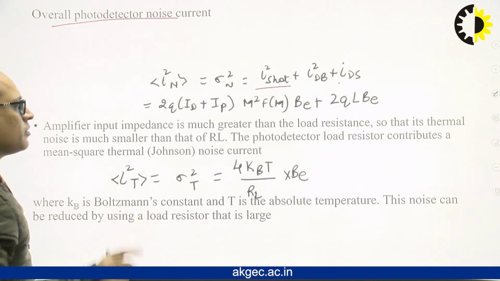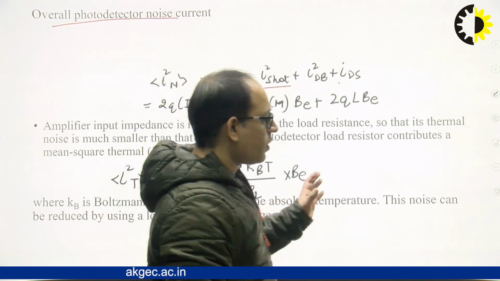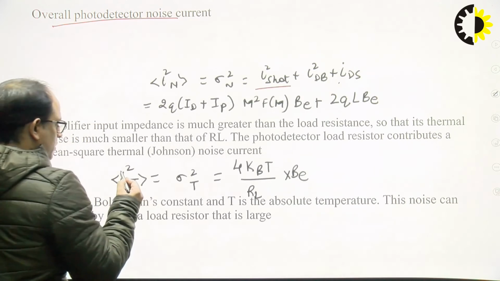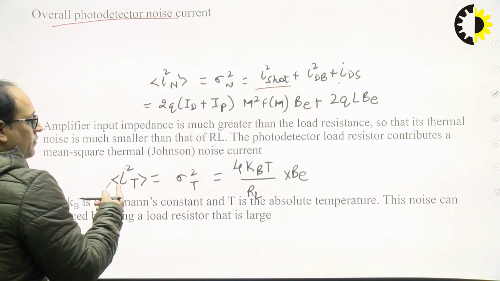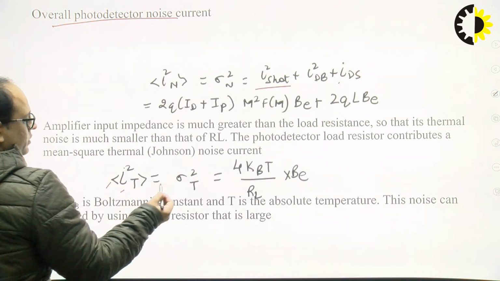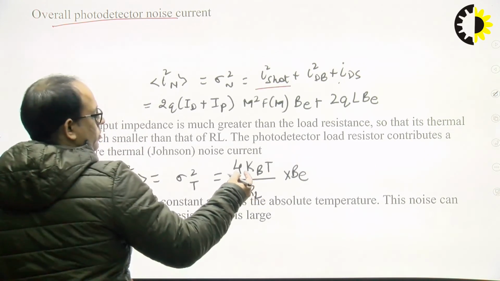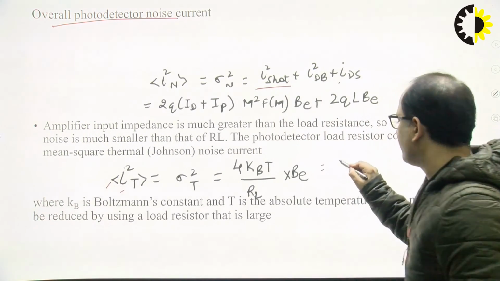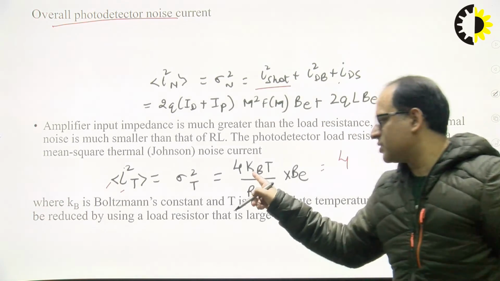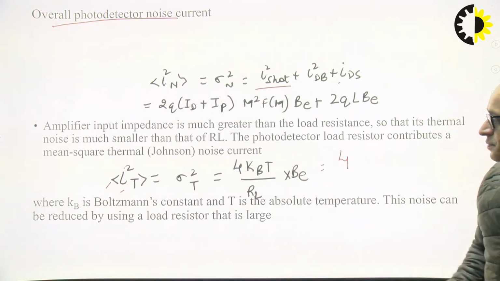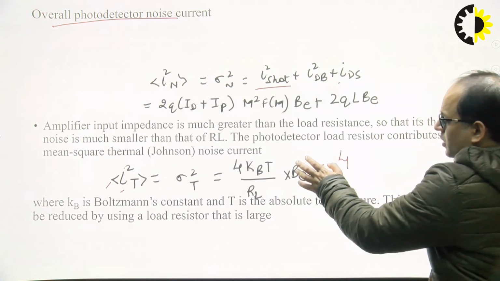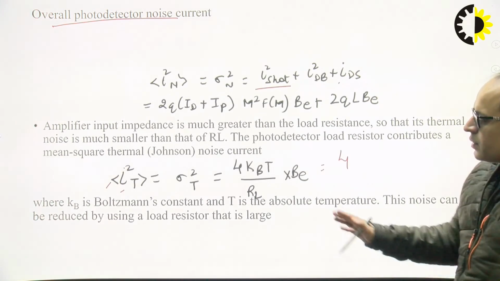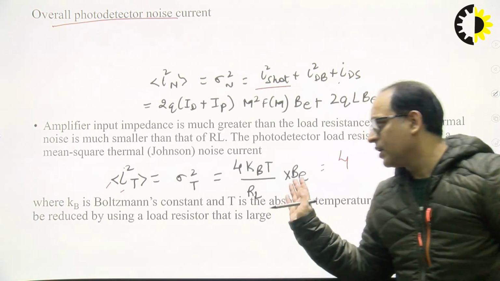This is the thermal noise created at the amplifier, and it is given by the thermal noise power I_T squared equal to 4 k B T divided by R_L times B. Clear? Here k_B is the Boltzmann constant, T is the temperature, B is the post detection bandwidth, divided by the load resistor, which generally has a very high value.